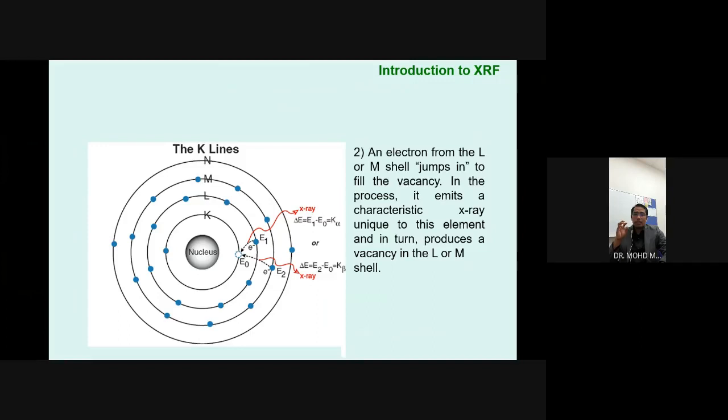The electron that was ejected is called a photoelectron, but now we are talking about the vacancy. In the process, while jumping from the outer shell to the inner shell, it emits a characteristic X-ray unique to this element, and in turn produces a vacancy in the L or M shell. I hope you are still with me.